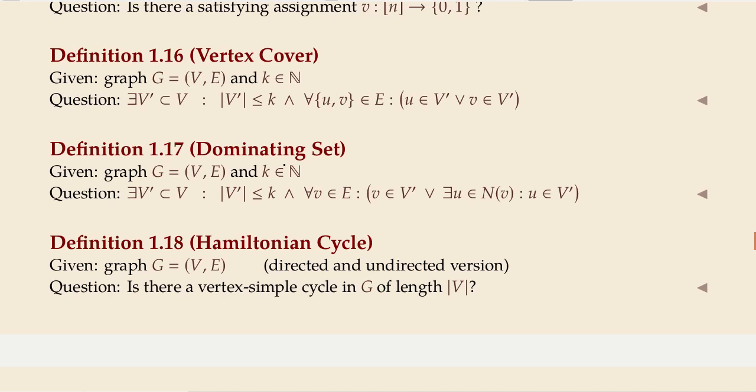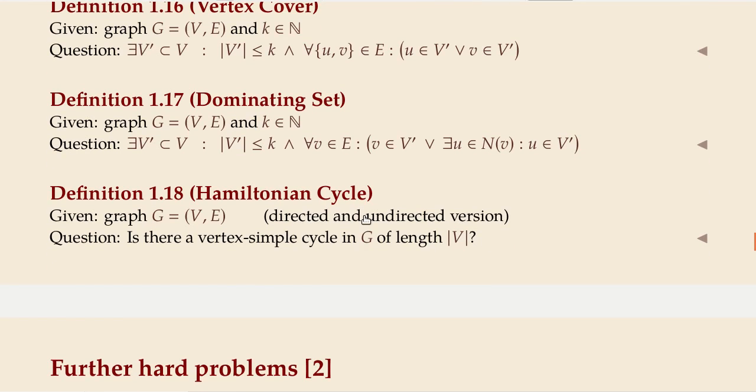A similar thing is dominating set. We again have a graph and we pick vertices, but now for every vertex it is either itself in the set or one of its neighbors. It's a bit different, but you may also think about how to reduce one to the other. It's not extremely complicated. And again, we have a bound on the size of the set that we pick.